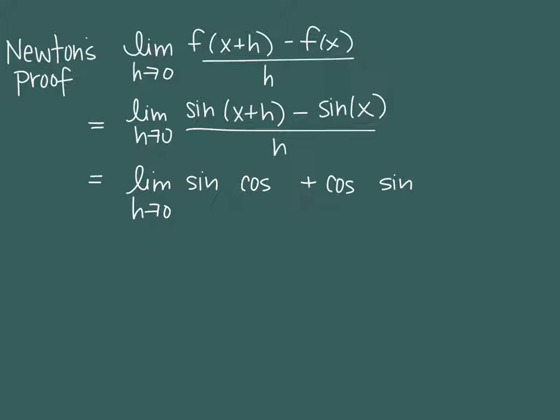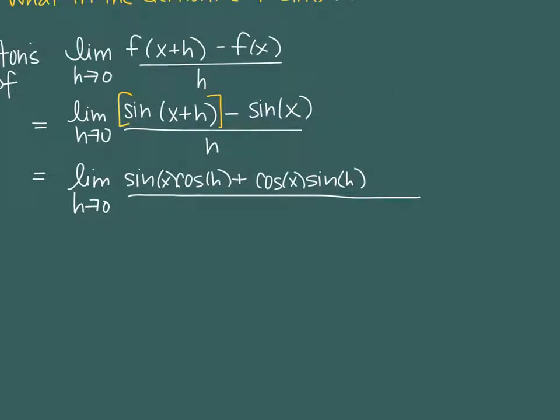So the x and the h fill in the spots there. And so that here is the expansion of what I'm going to put in yellow right there. But what else is still part of the numerator? I still have the minus sine x at the end, and I still have this over h.